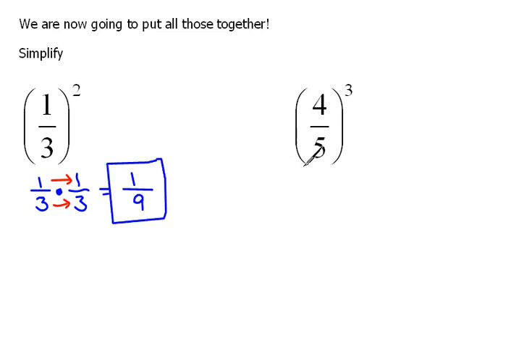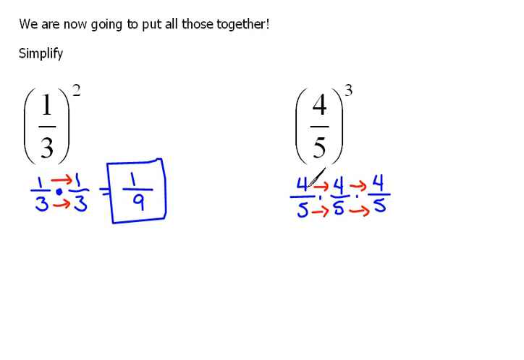Now here in this next problem, we have 4/5 raised to the third power. And again, to raise something to the third power means we're going to multiply it by itself 3 times. So this would be 4/5 times 4/5 times 4/5. And then our rules for multiplying fractions take over, and we would multiply straight across the top and straight across the bottom.